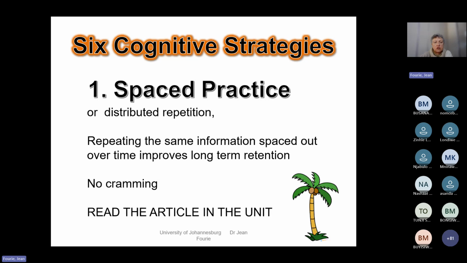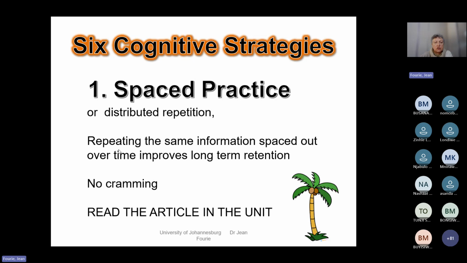So the first one is called spaced practice, and another name for it is distributed repetition. If you do a Google search, you will put in these keywords, spaced practice or distributed repetition.